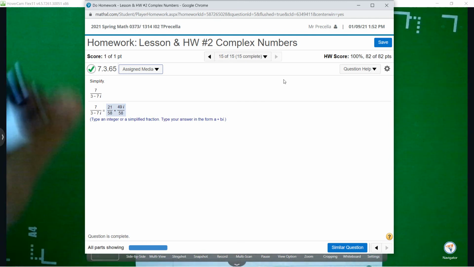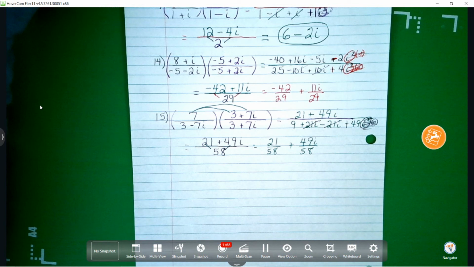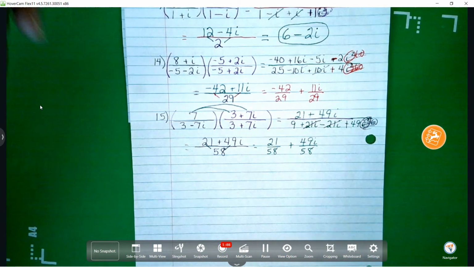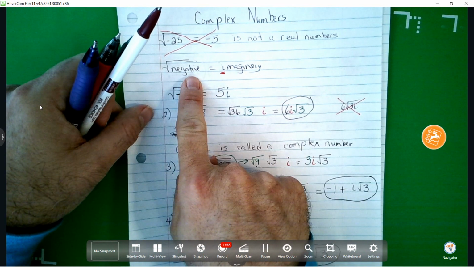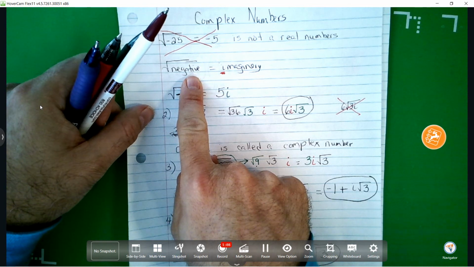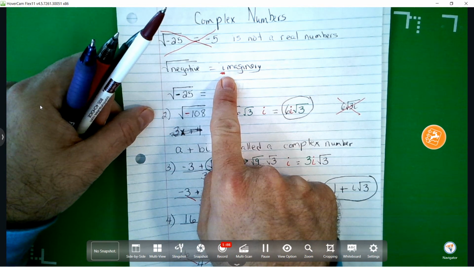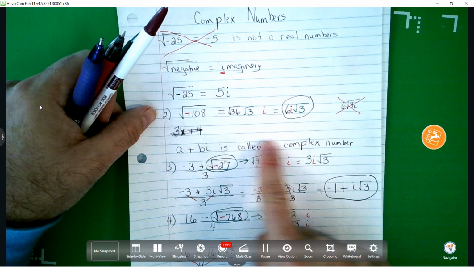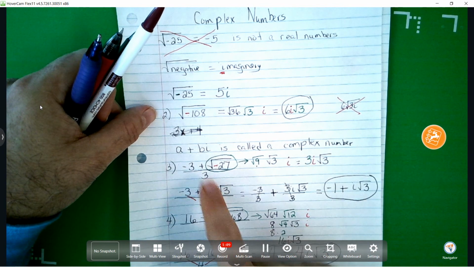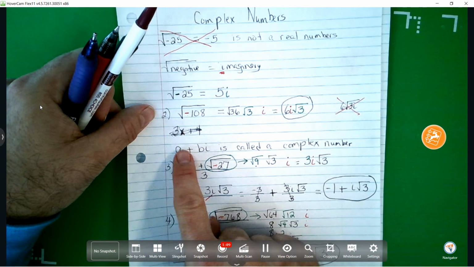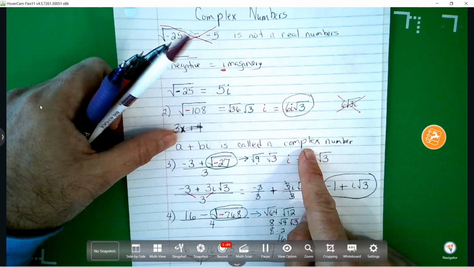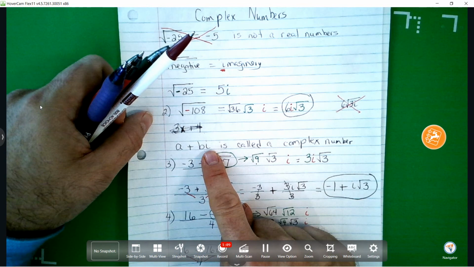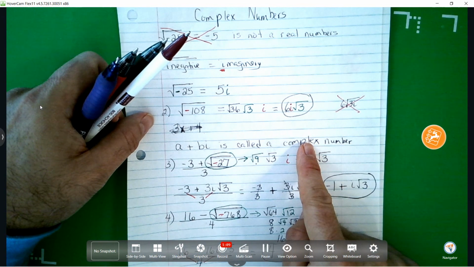So, what have we done today? Well, we continued our discussion of square roots by defining what we mean by the square root of a negative number. The square root of a negative number is an imaginary number. And then we went through saying, okay, if you have a real number combined with an imaginary number, you can't combine them together. We'll just call them complex numbers.